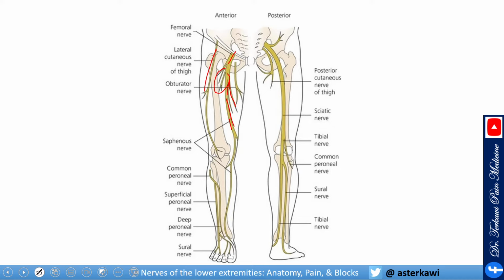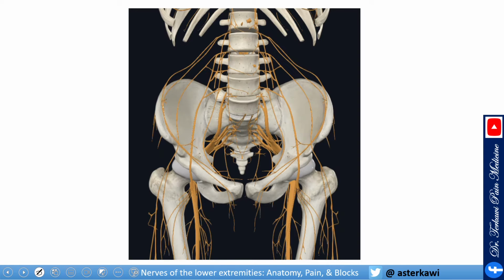If you look at the back, the main nerve is the sciatic. It doesn't give major branches in the thigh. It starts to bifurcate about the popliteal fossa here and gives you the common peroneal and tibial. And the tibial continues as sural and tibial. We will go over all these details in the next few lectures.